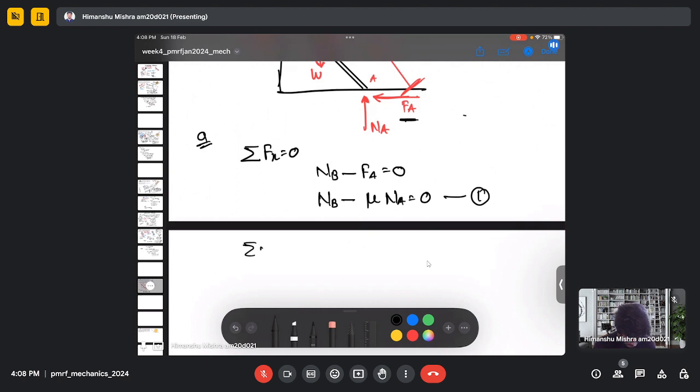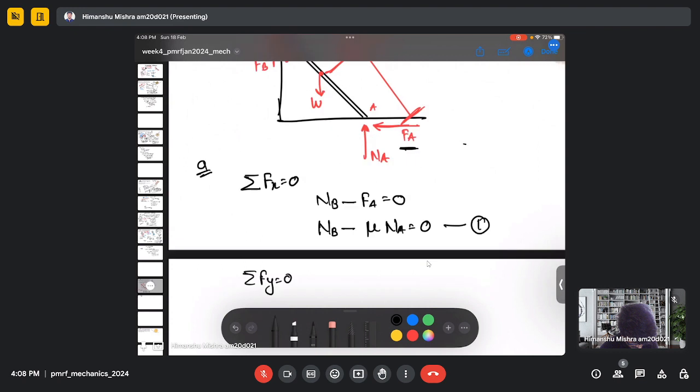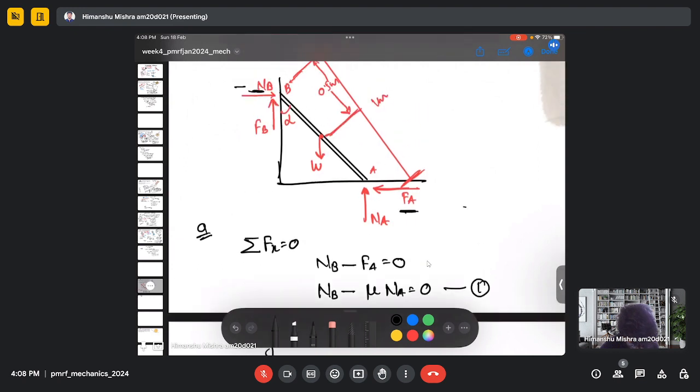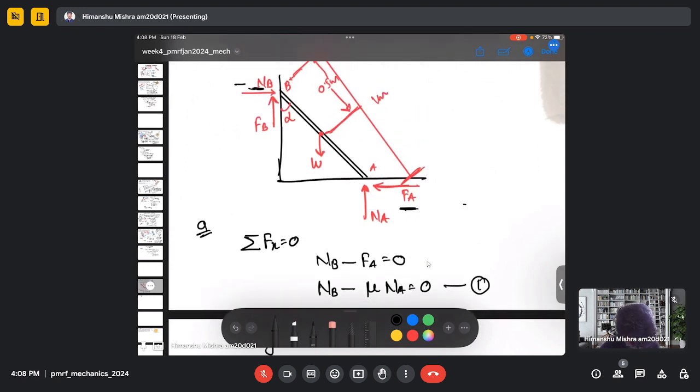Then we do the force balance analysis for the summation of forces in the vertical direction, and we have three forces: FB, W and NA.